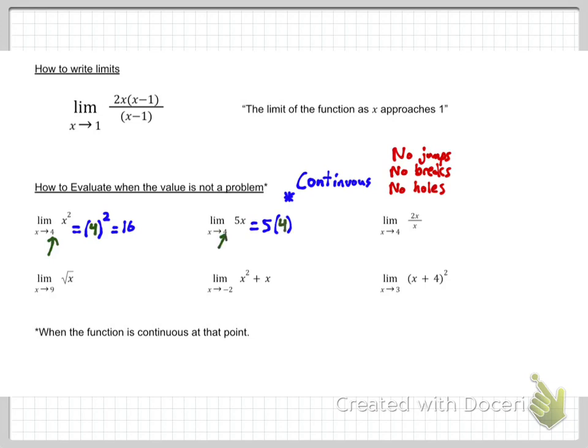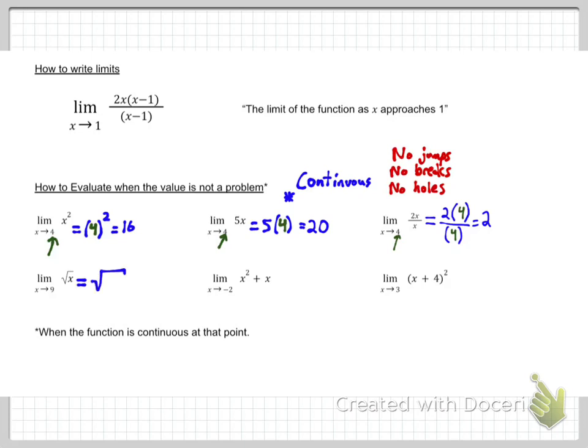Again, we're approaching 4, so you can just plug 4 into 5x, and you get 20. Over here, the next one, notice that this function is approaching 4, but 4 is not the issue. And 4 is not the value that is not in the domain, right? What is the problem value? Well, the problem would be if you tried to plug in 0. But we're not trying to plug in 0, we're trying to plug in 4. So we can just plug in 4 and we get 2.